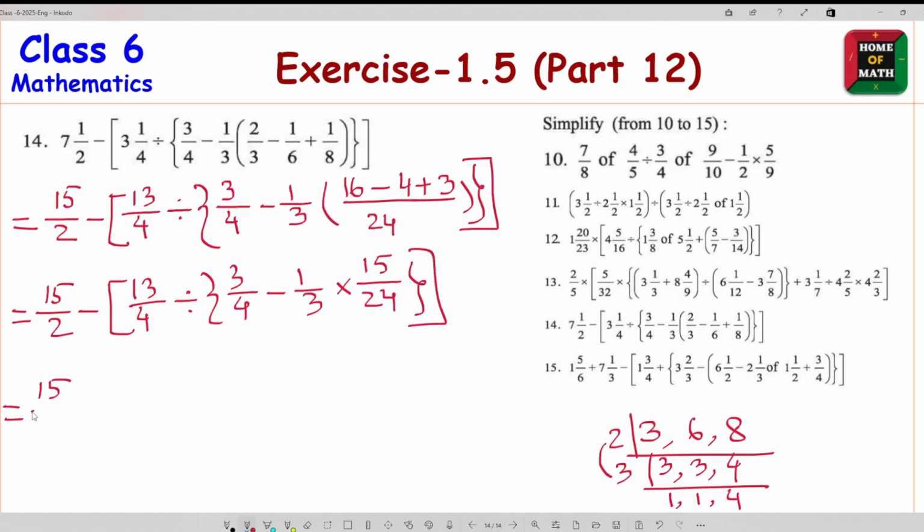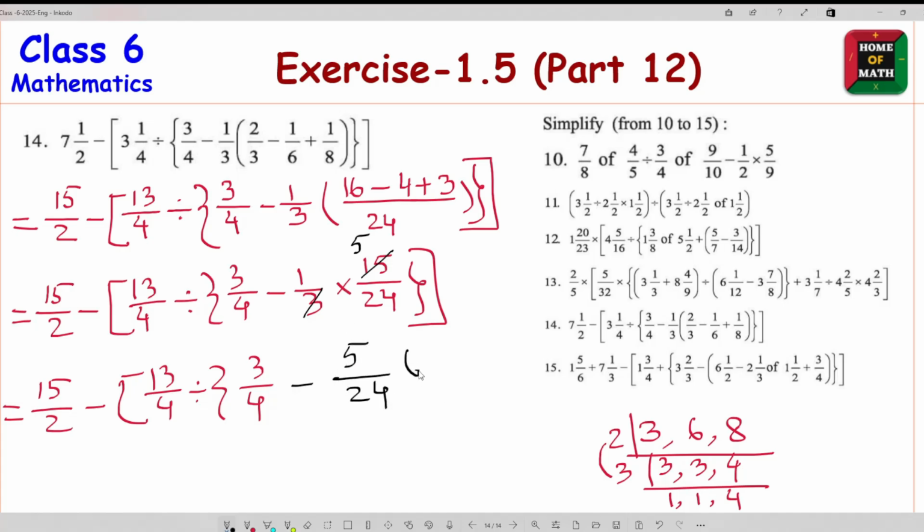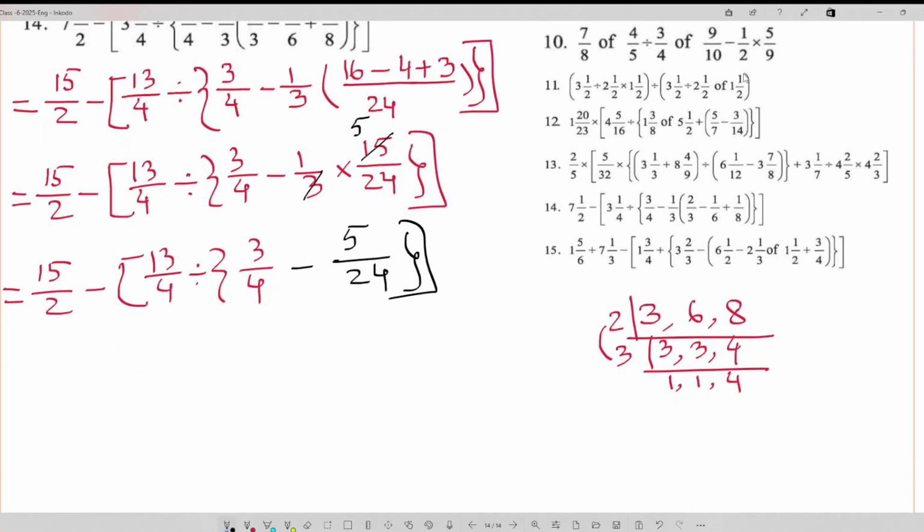So 15 divide 2 minus 13 by 4 divide 3 by 4. So inside second bracket we should work first multiplication. So 15 divide 3 is a 5. So 3 by 4 minus 5 by 24, right? Second bracket close, third bracket close.